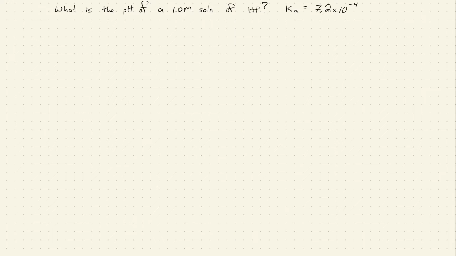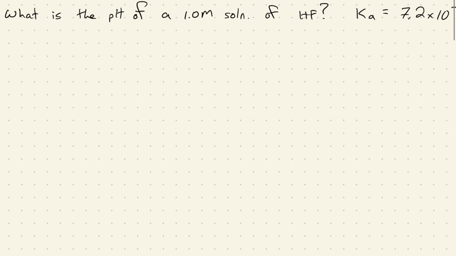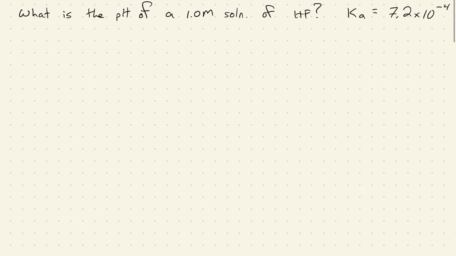So hopefully you remember that you need a RICE table for this. And our reaction is that HF will react with water in equilibrium to make hydronium ion plus fluoride ion.